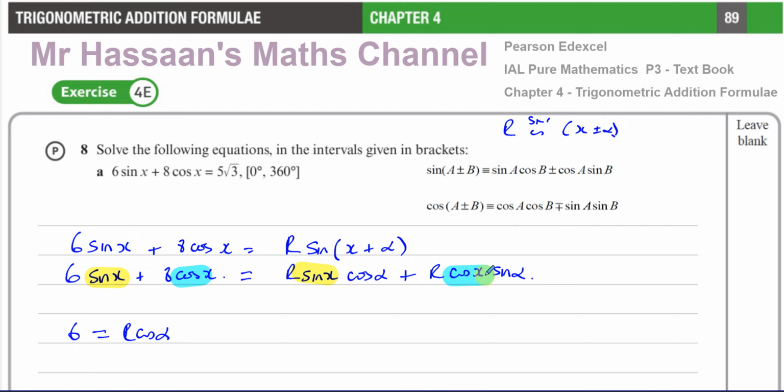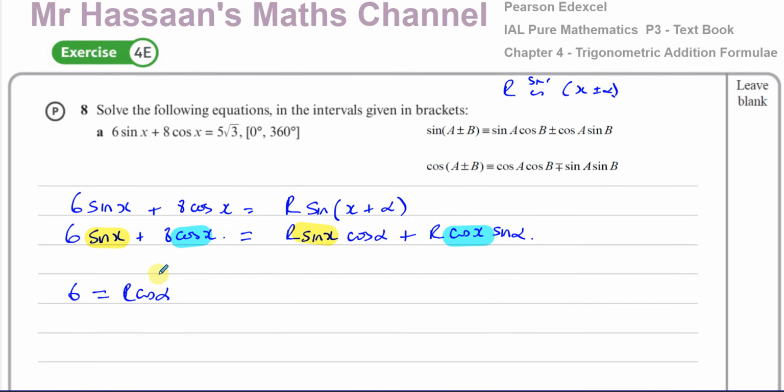Similarly, the coefficient of cosine x is 8, so there must be 8 cosine x's on that side, because these are identities. Therefore, on this side you've got 8 equals r sine alpha.